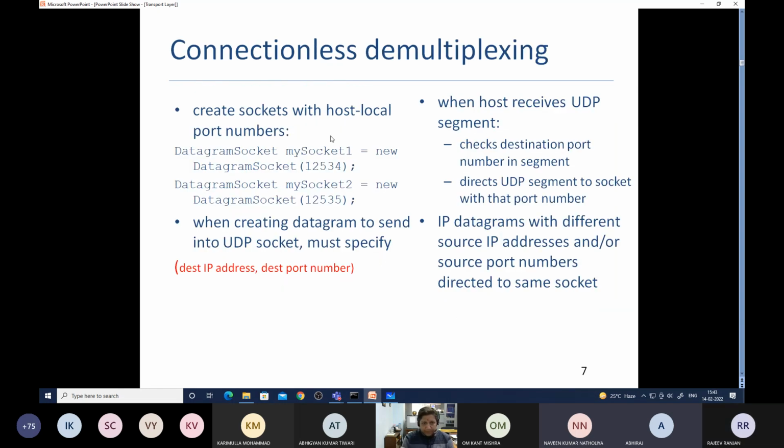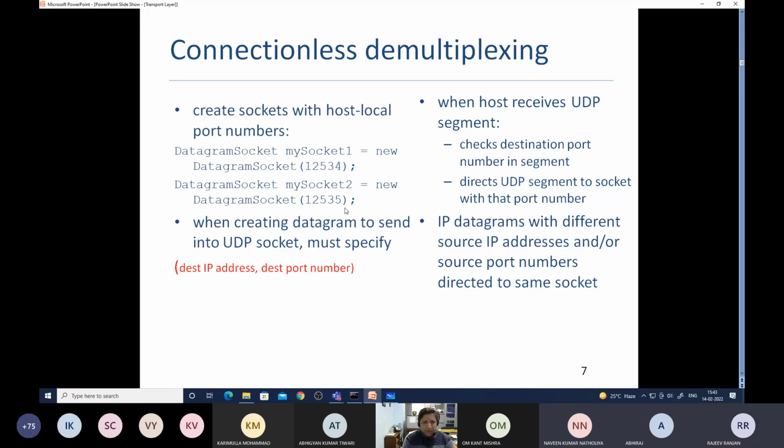First of all, UDP. In Java, you can create a datagram socket by writing these particular statements, and you can provide the port numbers when you create sockets.